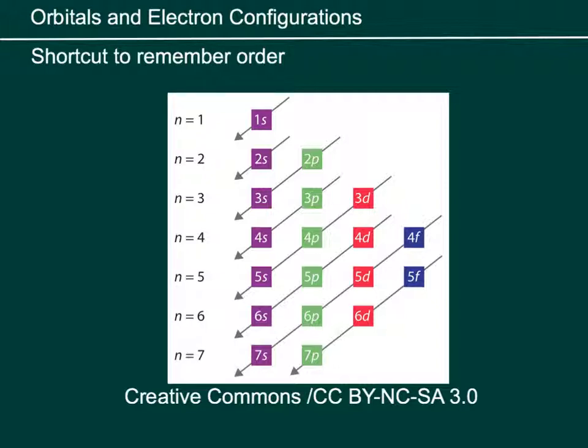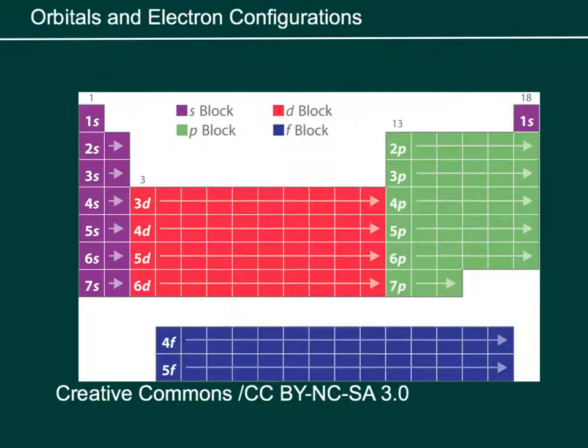A little bit better way to do it, though, is using the periodic table, which we're going to look at next. So if you look at the periodic table, one of the key things to recognize is that the way it's diagrammed, these first 2 columns here are really the s orbitals.